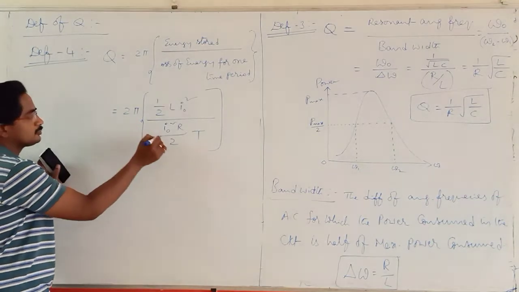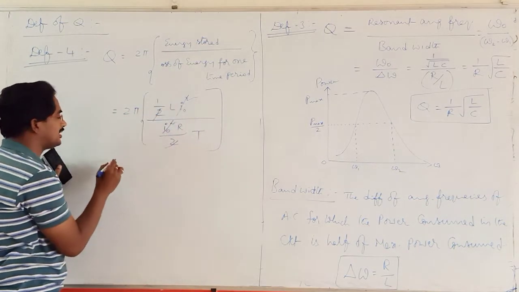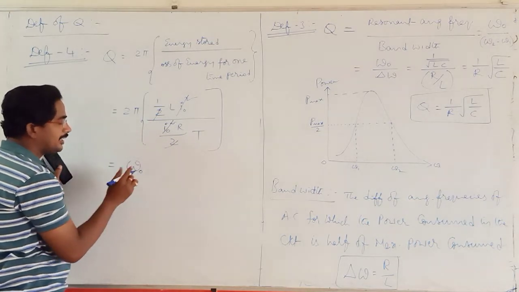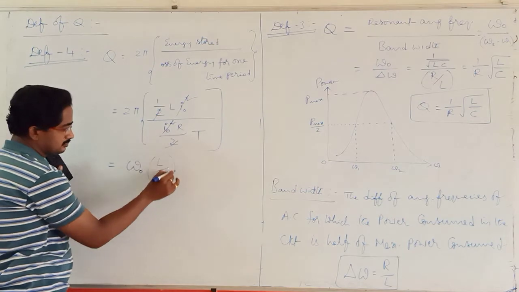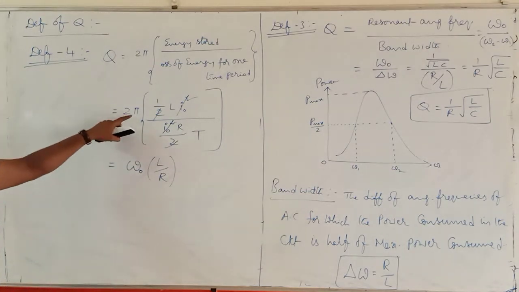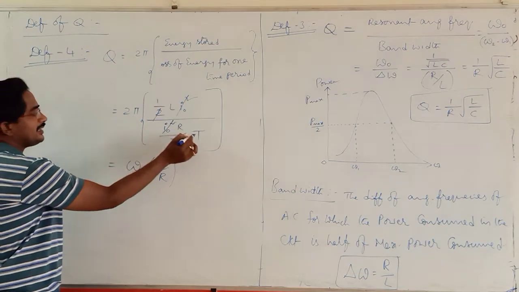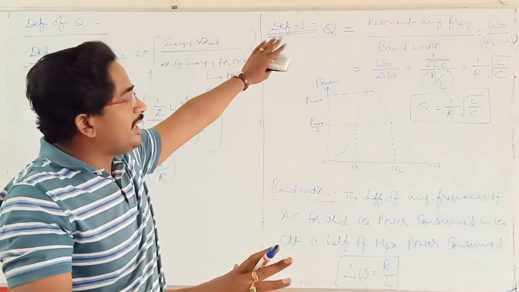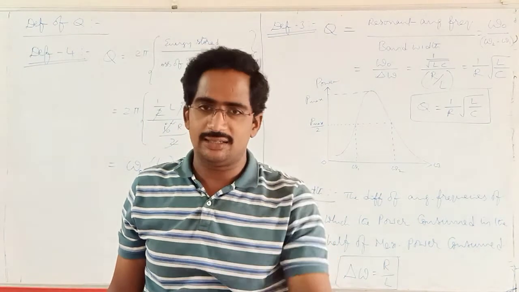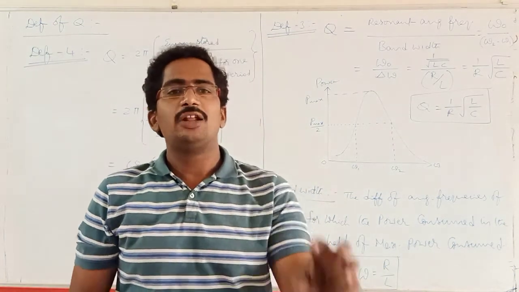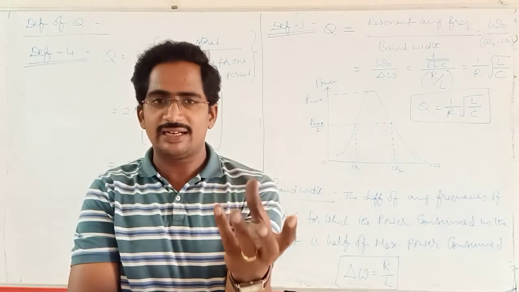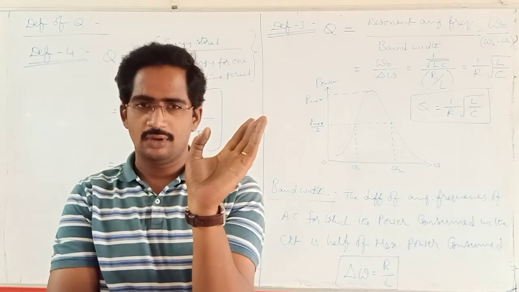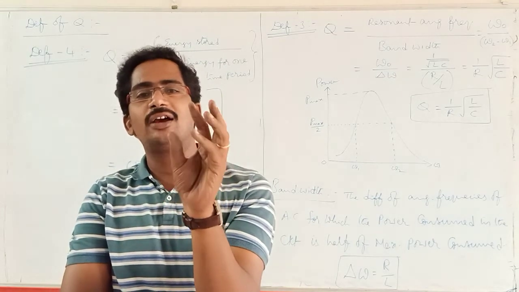Now, how much are we getting? The 2 cancels, I naught square cancels. 2 pi by T is omega, that is omega naught into L by R. Because this complete discussion is only in the resonance state, while writing frequency or angular frequency, you should write only the resonant angular frequency.